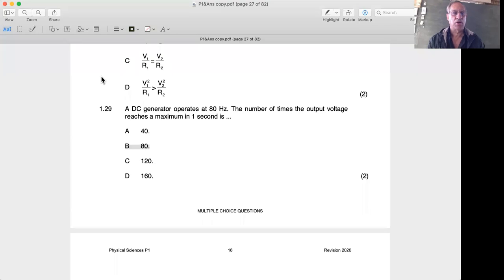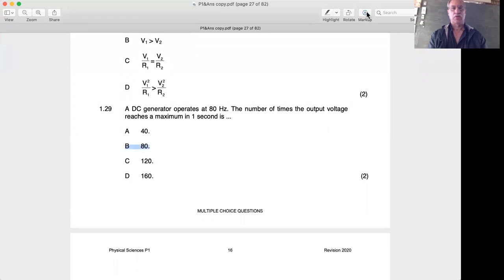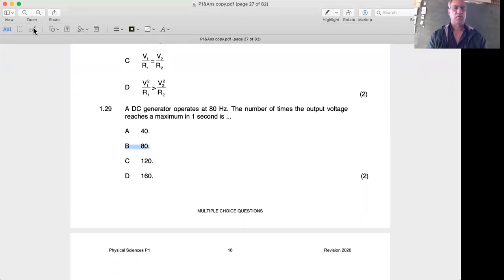But that's actually not the answer. Let me click on pen. Now, each cycle is like this. That's 1 second. Every second it reaches a maximum twice, so it reaches 2 per second. So the answer must be 2 times 80, which is D.